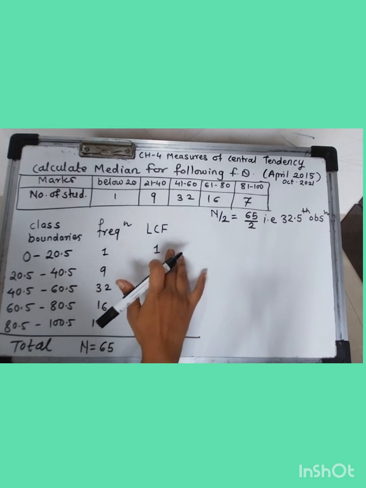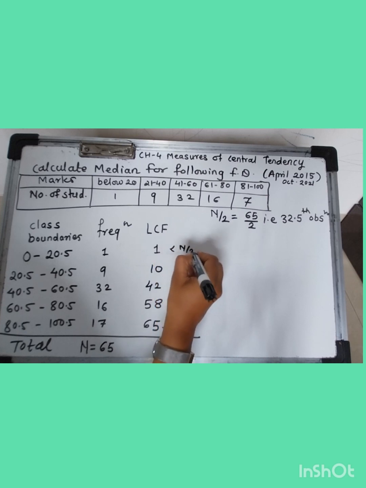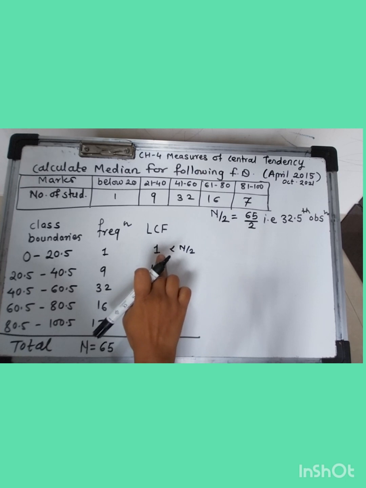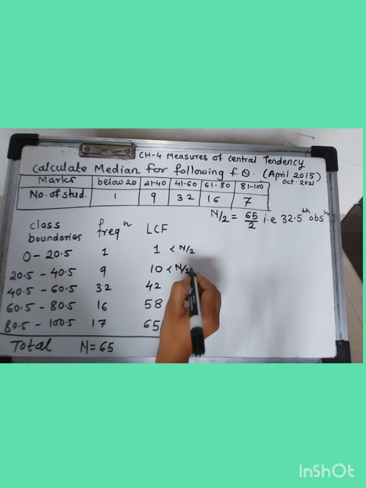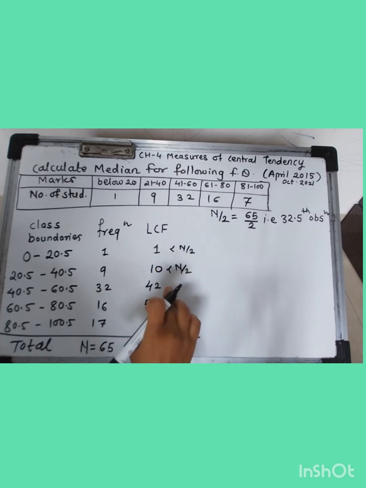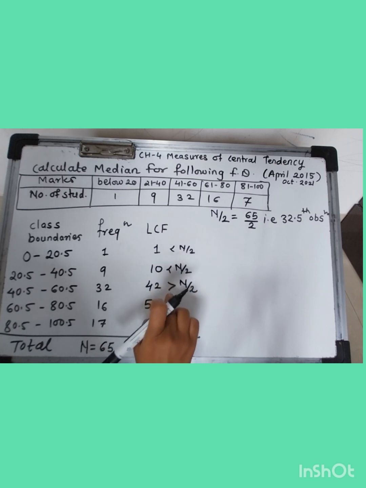See, what is this? It is less than n by 2. N by 2 is what? 32.5. So 1 is less than. Clear? Okay. This 10 is also less than n by 2. N by 2 is what? 32.5. See here, 42 is greater than 32.5. First time it exceeds.